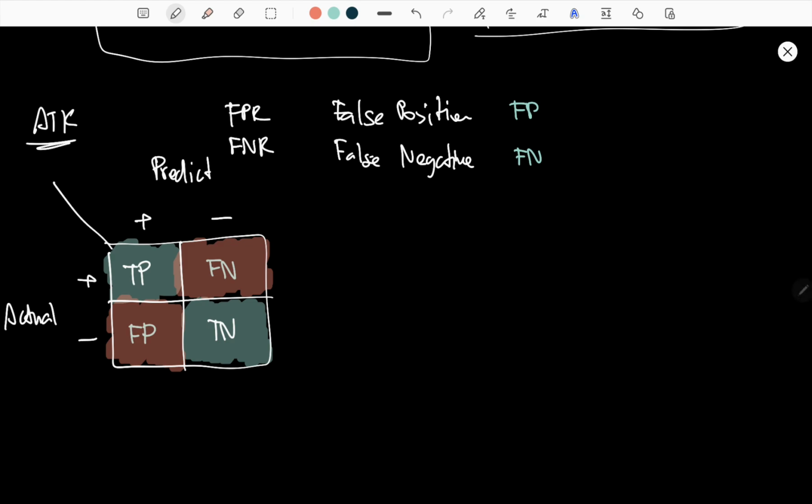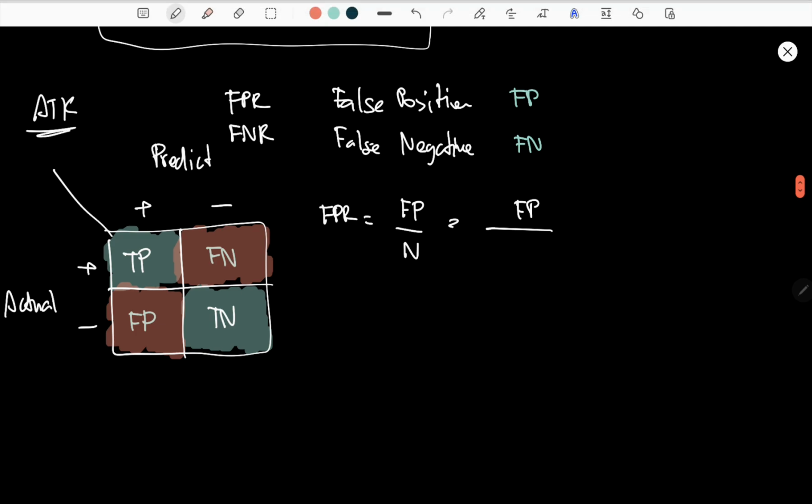For example, if someone talks about the false positive rate in machine learning, it is the false positive divided by all negative, or the false positive divided by the false positive plus the true negative.